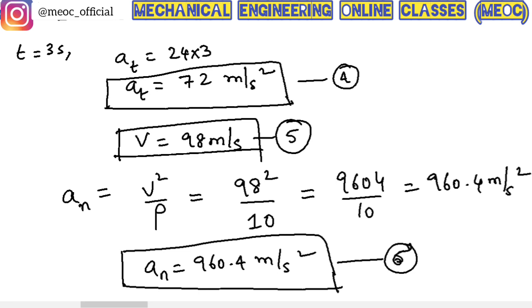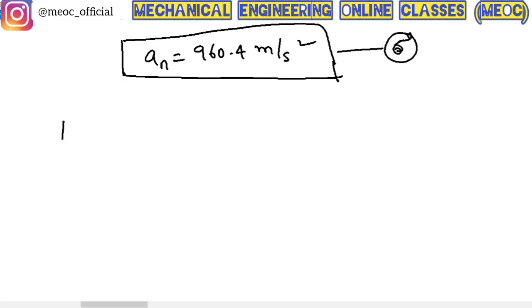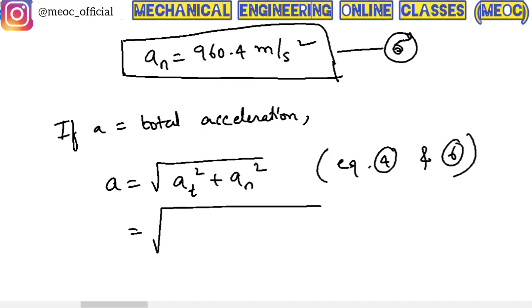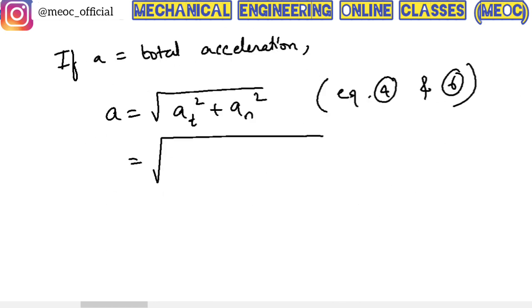Now from 4 and 6, at and an, we can find the total acceleration. If a is the total acceleration, then the magnitude of a can be found as root over at square plus an square. So we will substitute at and an from equation number 4 and 6. So at is 72.